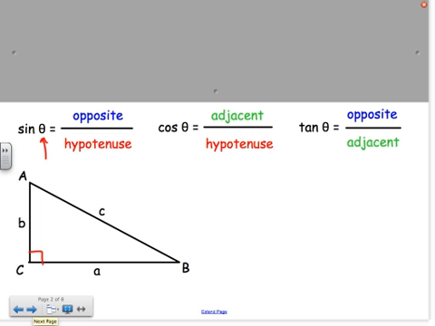So basically, if I'm looking at angle B, and I wanted to find the sine of angle B, I would look at the opposite side, which is B, over the hypotenuse. Well, hypotenuse is always opposite the right angle.